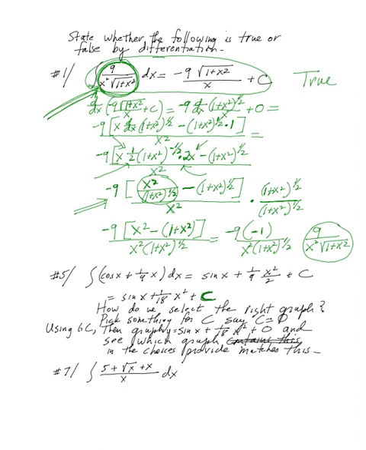Okay, finally, number 7. You've got to do some algebra first. Rewrite this as 5 over x dx plus square root of x over x dx plus x over x dx. Just doing algebra. Now, this 5 can come out in front of the antiderivative symbol.